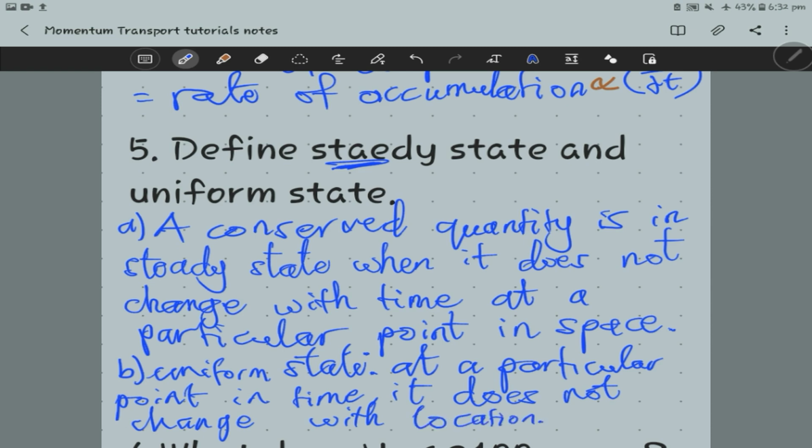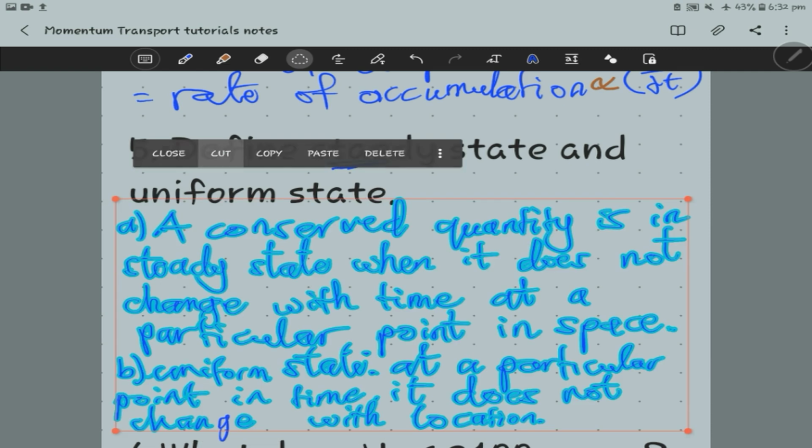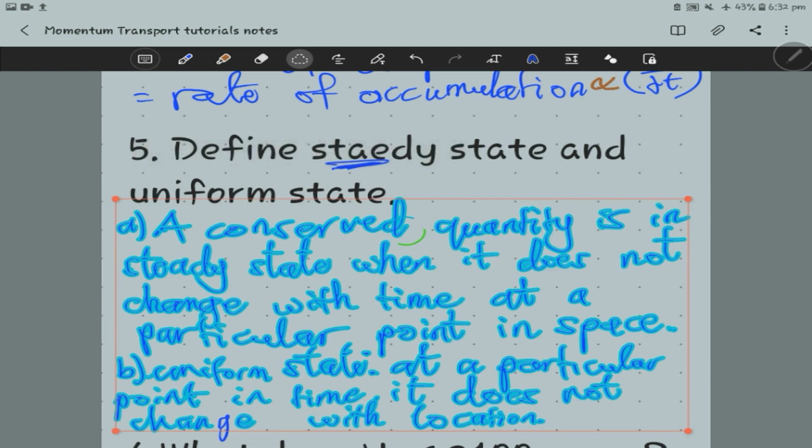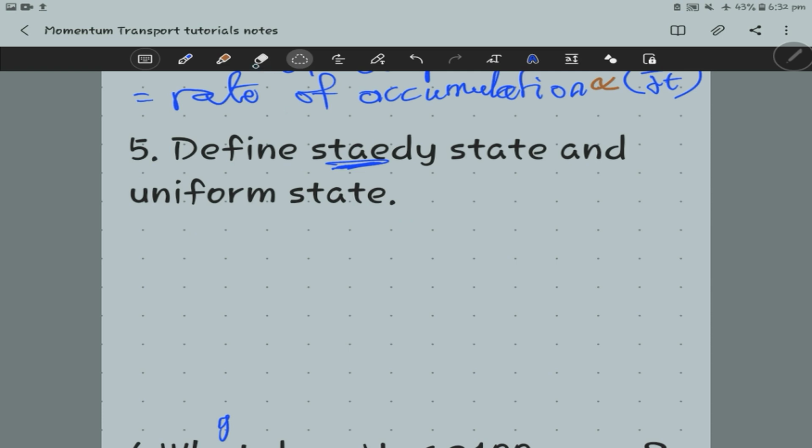Right? And there's a way to actually illustrate this. So let's see if we can illustrate this. So now we put them side by side and talk about them. So on the left we have steady state, and on the right we have uniform state.